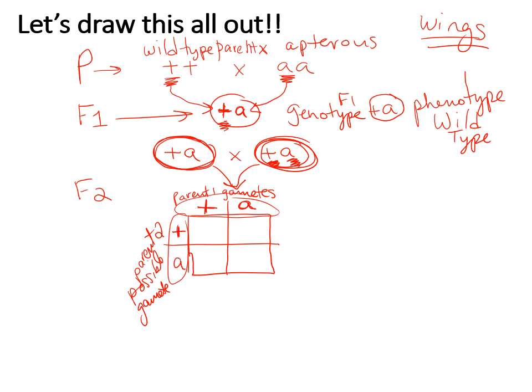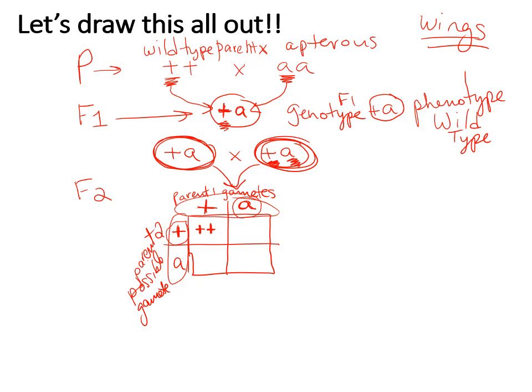Now all you do is you go square by square, combining parent 1's gametes with parent 2's gametes. So in this square, parent 1 is giving a plus symbol, wild type. Parent 2 is giving a plus symbol, wild type. In the next box, you have parent 1 giving letter A and parent 2 giving the wild type plus.